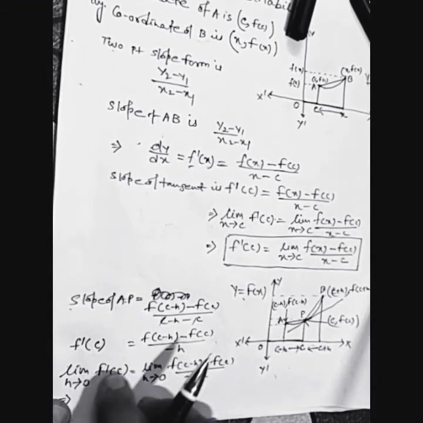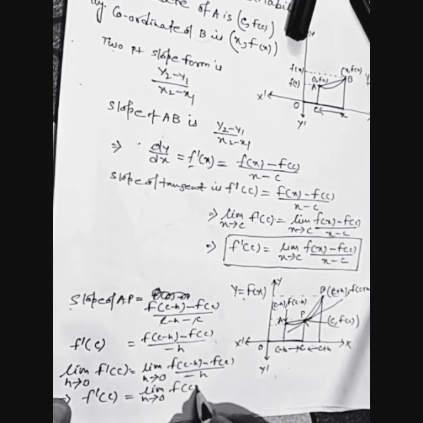And see, limit of a constant, because here is no h term involved, is always a constant, and this will remain same. Limit h tends to 0, f of c minus h minus f of c divided by minus h. So this is the left hand derivative. Okay, so similarly we'll find the right hand derivative.